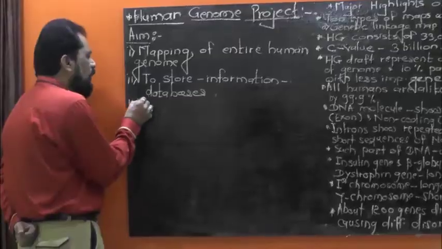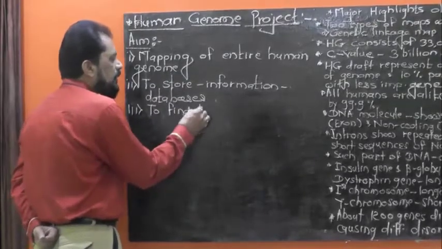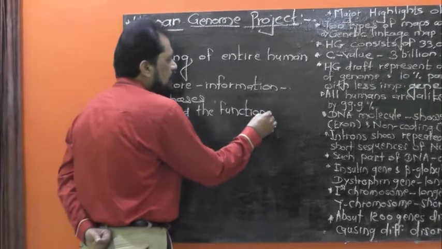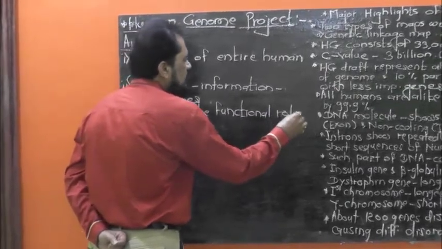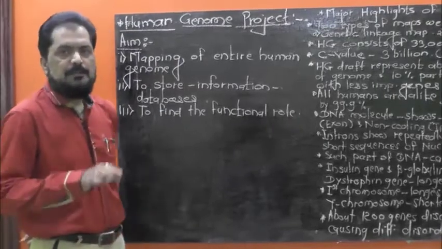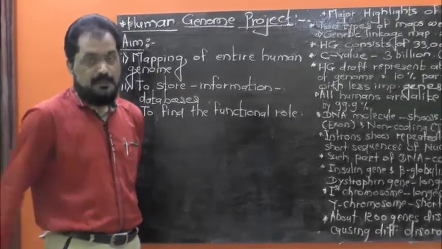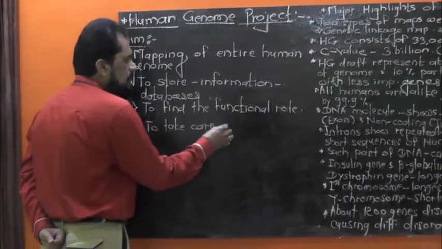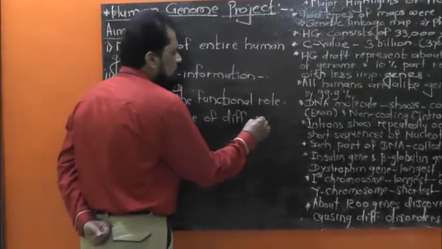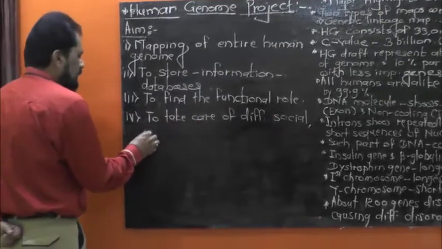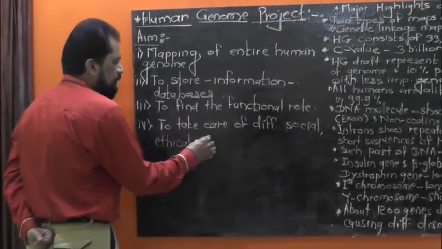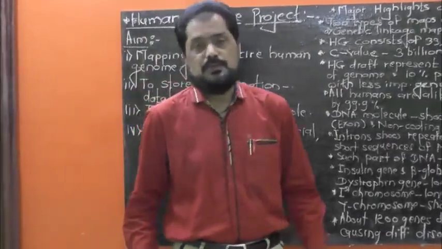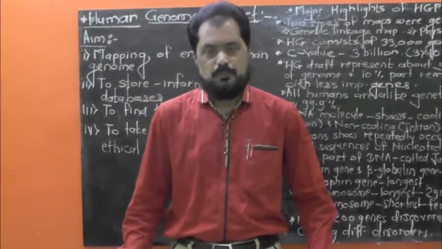Third aim, to find the functional role of all the genes present in the human genome, as well as to take care of different social and ethical issues which may arise during the study of the human genome during the Human Genome Project.